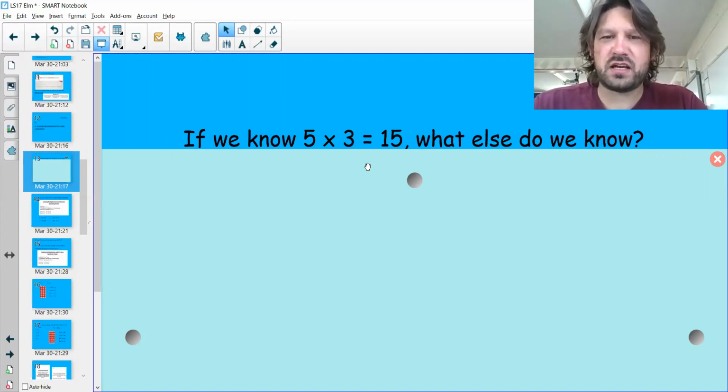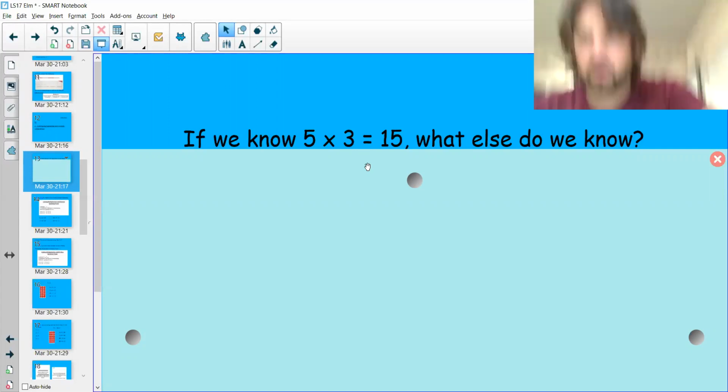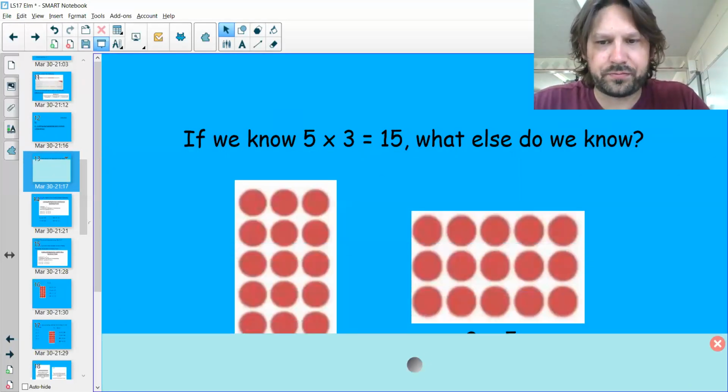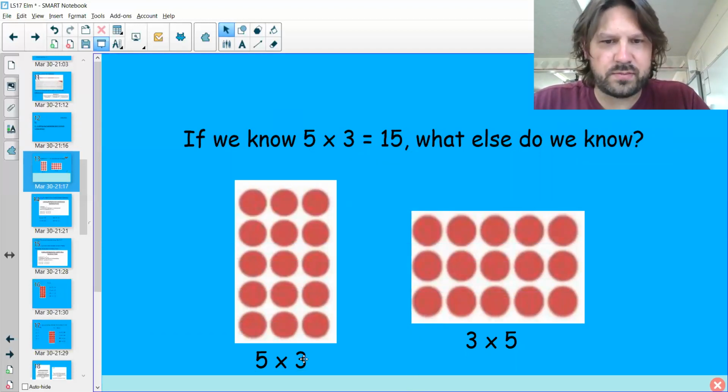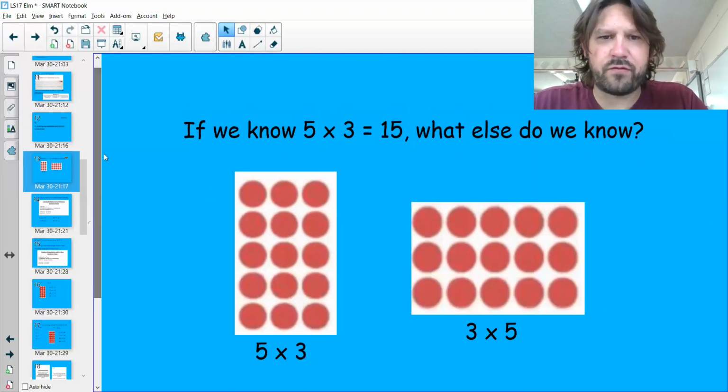If we know 5 times 3 is 15, 5 lots of 3, we also know 3 times 5 is 15, 3 lots of 5. So we know both of those calculations, because we know the fact.